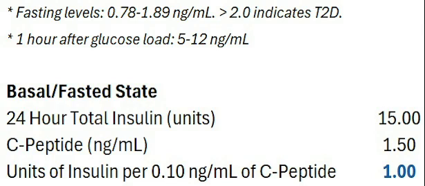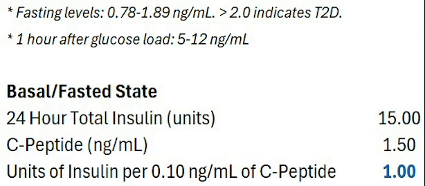Now, the reference interval that I see on my blood test results is much higher. It's listed as 1.1 to 4.4. I don't know where they're coming up with that, because 4.4 seems very high, and everything I found online indicates anything above 2 would not be where you want to be. So I'm not sure where they get their reference interval, but I'm just going with what I see online.